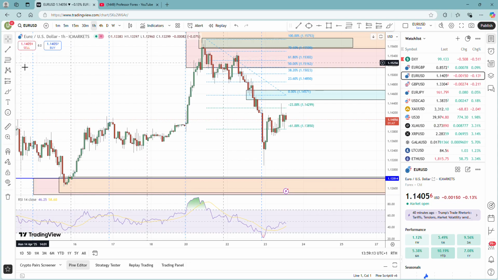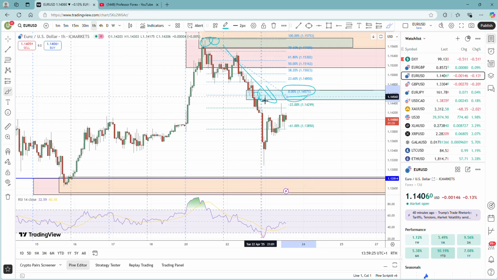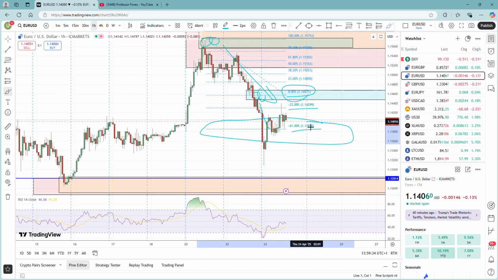So this was the most recent high, and here was the high low, and you can see that it went from 100% to 0%, and if it breaches it, which it did, it'll go to minus 23, and if it goes down further, it'll go to minus 61. So you could have taken a sell trade up to here, minus 61, and you would have been profitable from here. You wouldn't have entered it yesterday, you would have entered it here on Monday, the bank call.